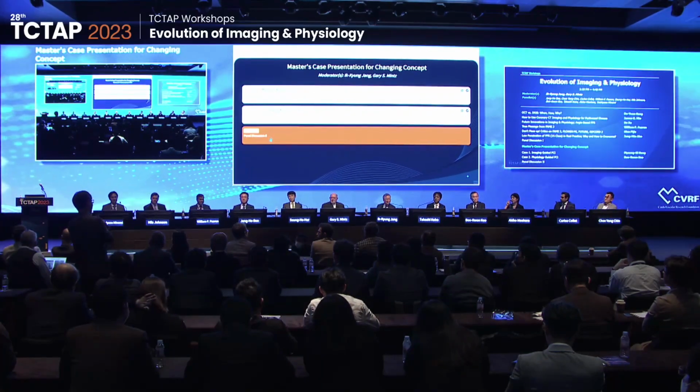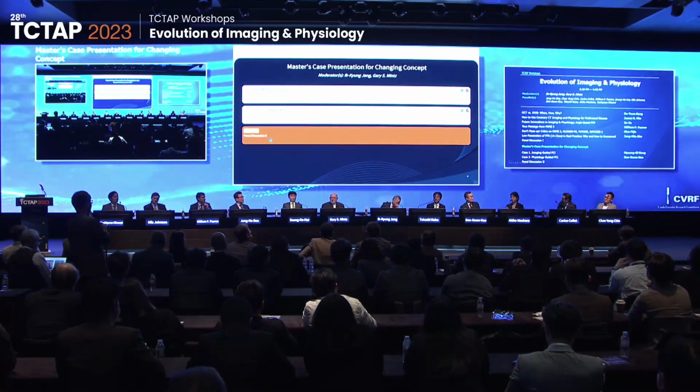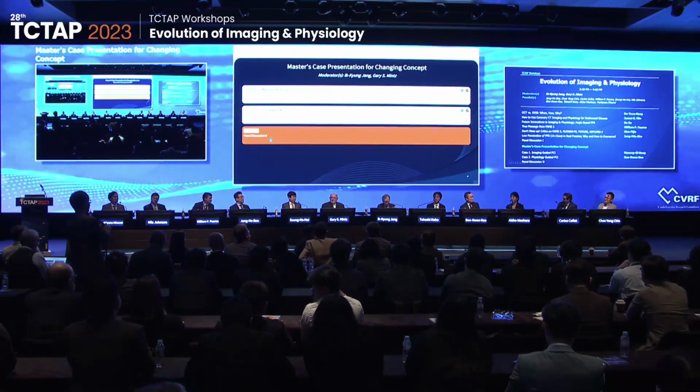Yeah, I think we do a lot. Right now we are doing the defined GPS trial, and everybody in the GPS arm has to do pullback by IFR. And there are a lot of surprises. Like in the LAD, you think the mid LAD is a superfocal lesion, but when we do the pullback, it's actually diffuse disease, and vice versa.